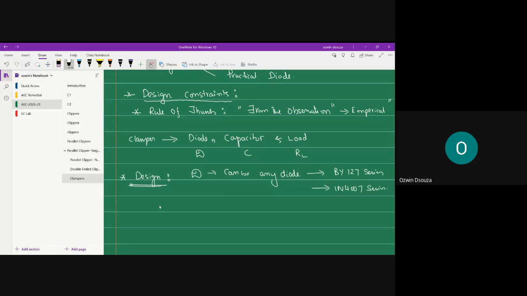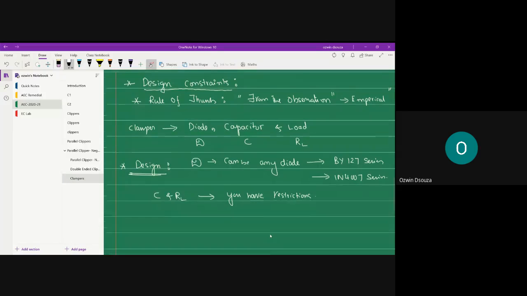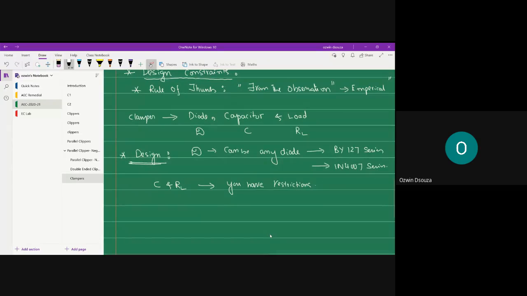But when it comes to capacitor and load resistor selection, you have restrictions, in the sense you cannot simply take some 1 microfarad capacitor and let's say some 100 ohm resistor.